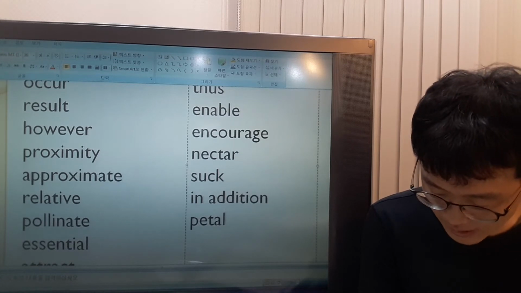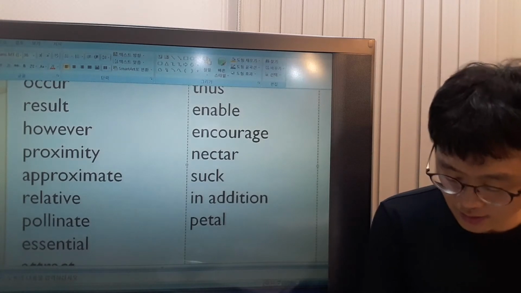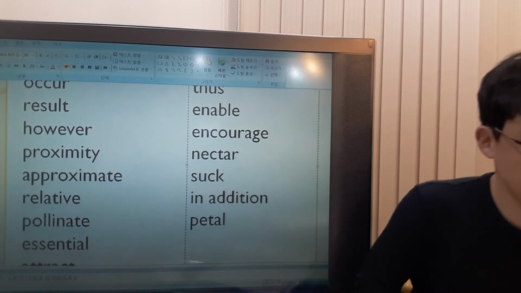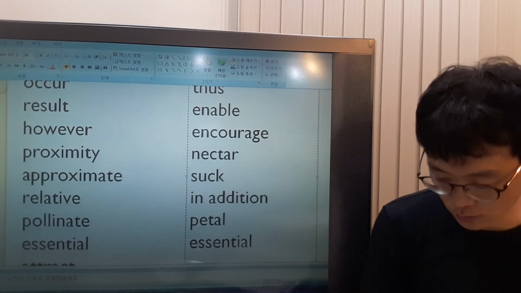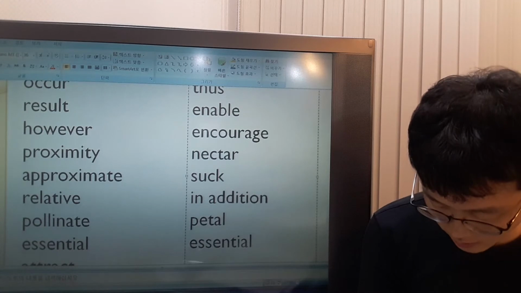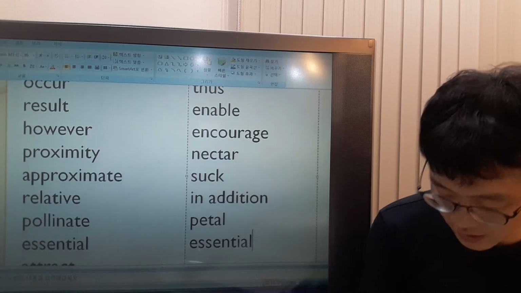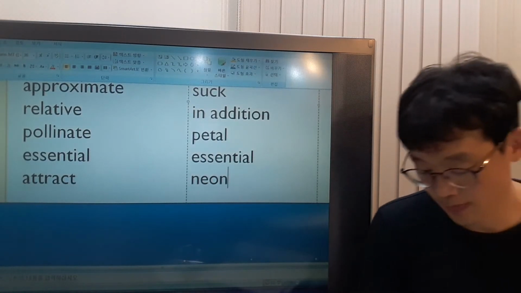Essentially, they're like big neon signs on restaurants that read, "Eat here, delicious food." Essentially. What does essential mean? Oh, I explained this, right? Very importantly, right? They're like big neon signs. What does neon mean?